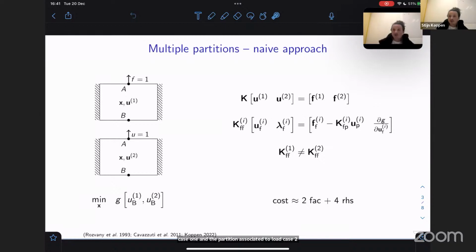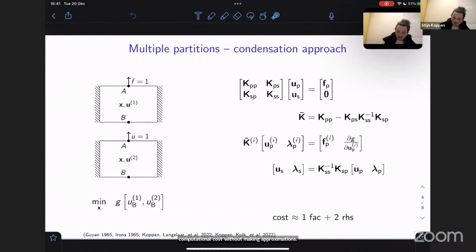As a result of that, the computational cost will increase. In this case, we have to perform 2 factorizations and a total of 4 right-hand sides, 2 associated to the forward analysis and 2 more associated to the adjoint analysis. Now, our target is to see if we can reduce this computational cost without making approximations.